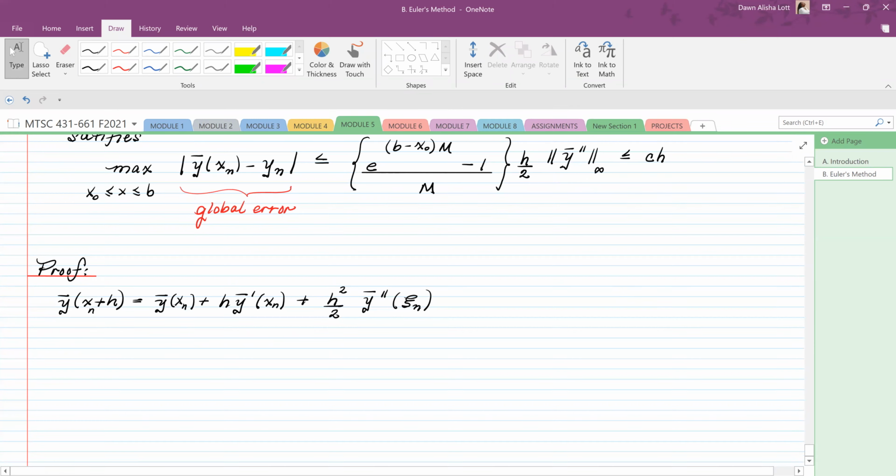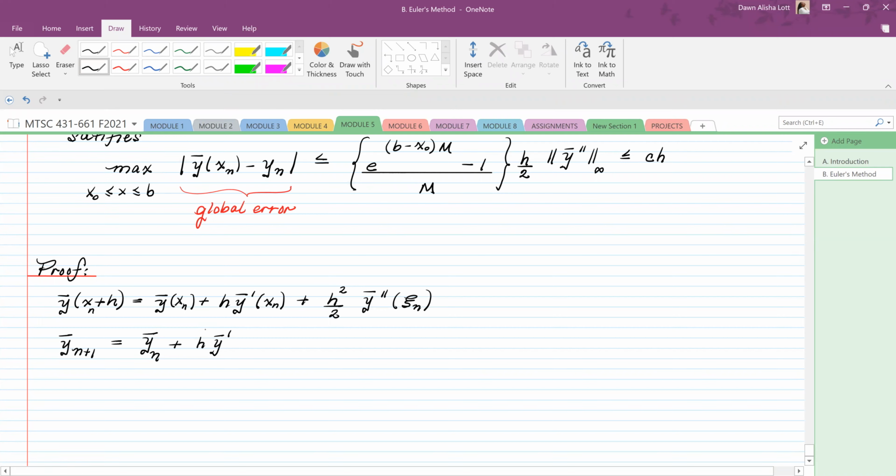Now, that says that Y bar n plus 1 is equal to Y bar n plus H times Y bar prime at n.